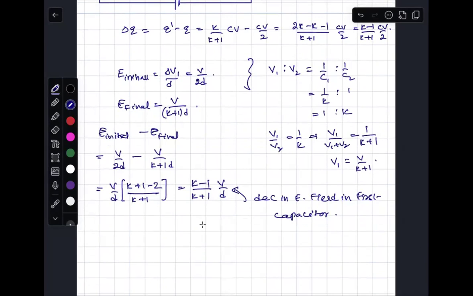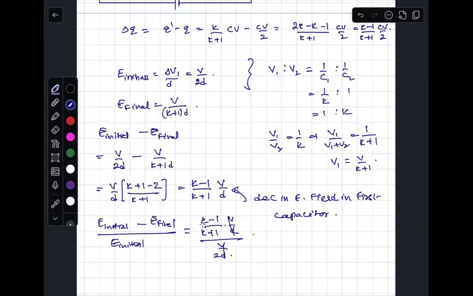But sometimes what will happen is they don't accept this answer. Why? Because they did not give anything about D. So then what people will do is E initial minus E final by E initial. This gives a fraction. So this becomes K minus 1 by K plus 1 times V by D, by V by 2D.